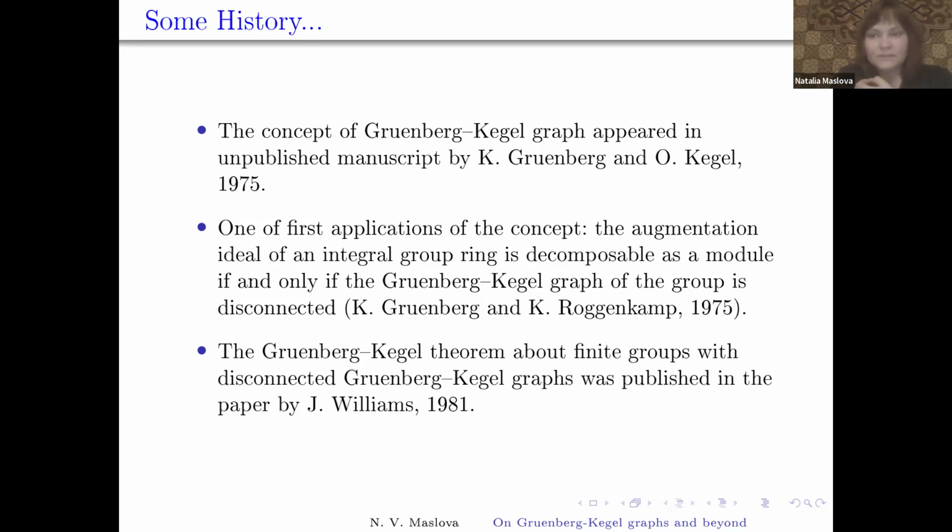It was received almost immediately after the concept of the Gruenberg-Kegel graph was defined, and the Gruenberg-Kegel theorem was also proved in an unpublished manuscript by Karl Gruenberg and Otto Kegel, but it was published only by Williams six years later. Williams is one of the students of Karl Gruenberg.